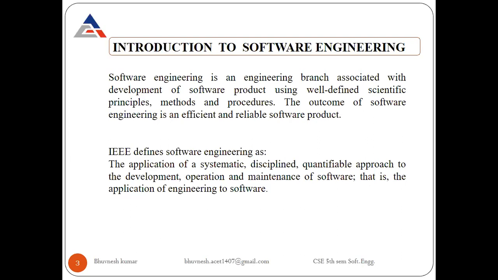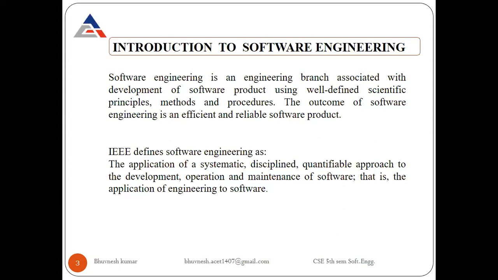Okay, the last line of this definition of software engineering told you that your software product, the software that you have developed, should be effective and it is reliable. Then your software will be said to be a good quality product.